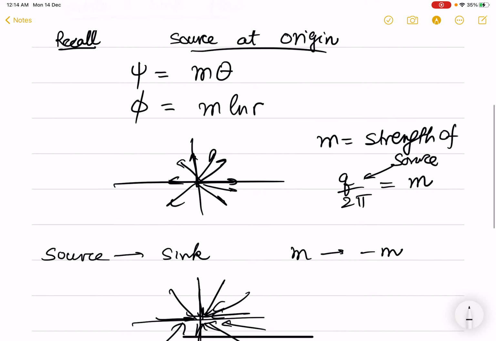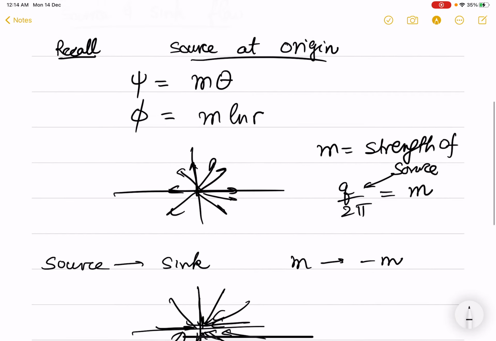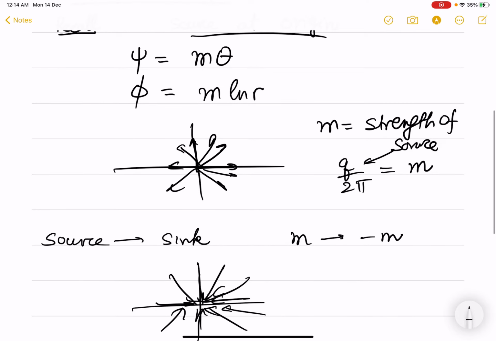And this we have seen, and from here now if we have to find Vr and V theta, then Vr is equal to partial phi by partial r, because at any point at a distance r and angle theta, we want to find the velocity components.